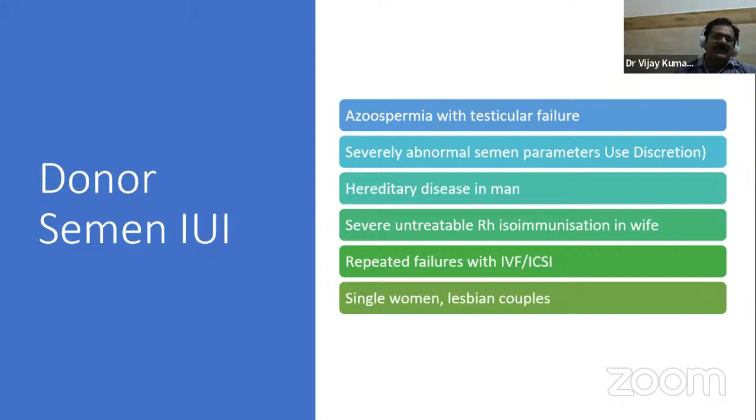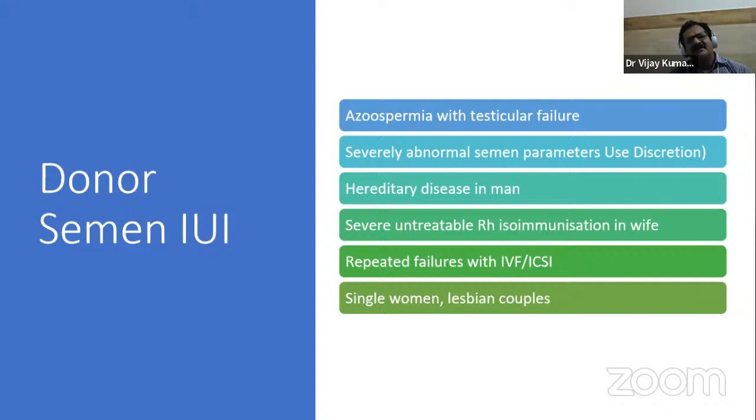But before we do donor sample IUI, proper consent has to be taken from the couple, and they have to be explained about the plan of the treatment, because if we are not able to convince them and take the consent from the couple, that becomes a bigger legal issue, especially these days.